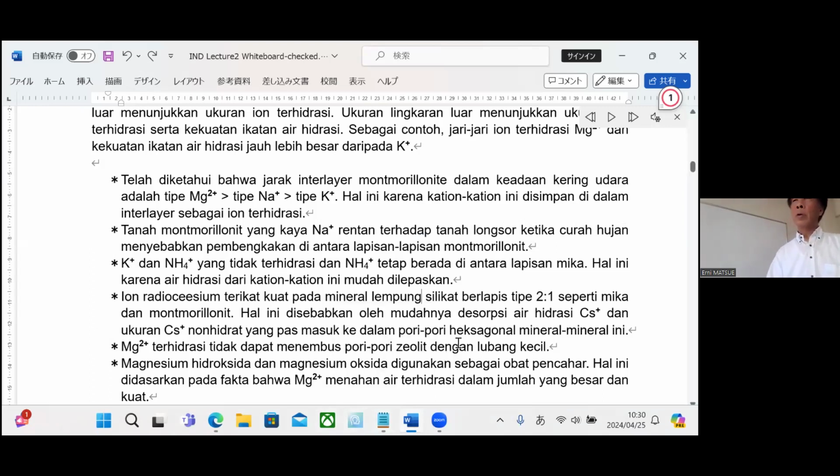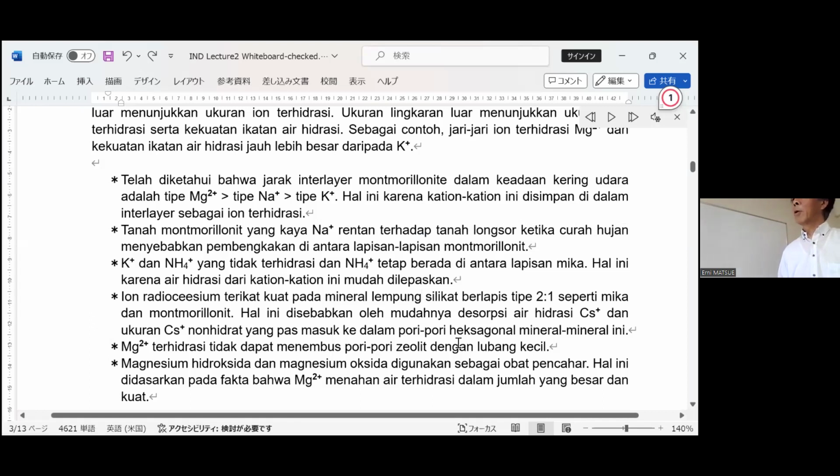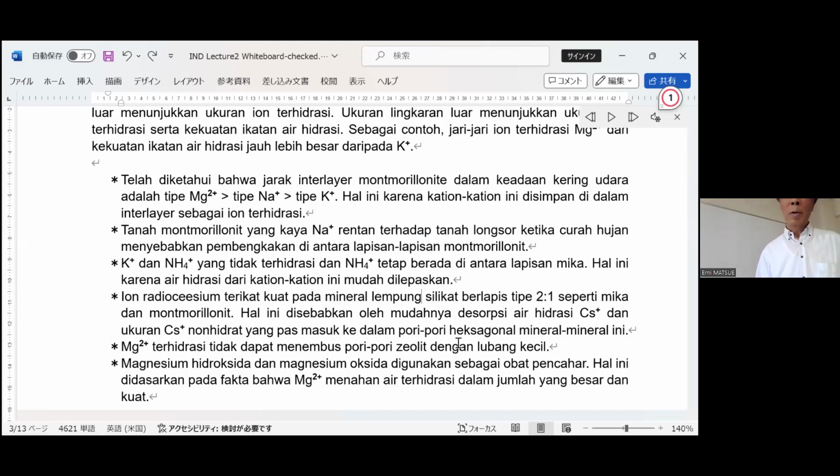So, for example, do you know tofu? Or protein? Aggregate. If you add calcium ion or magnesium ion, because they are divalent cations, magnesium and calcium bind protein molecules to cause aggregation.